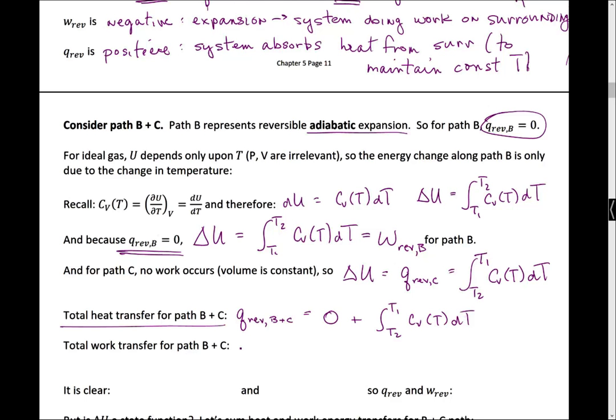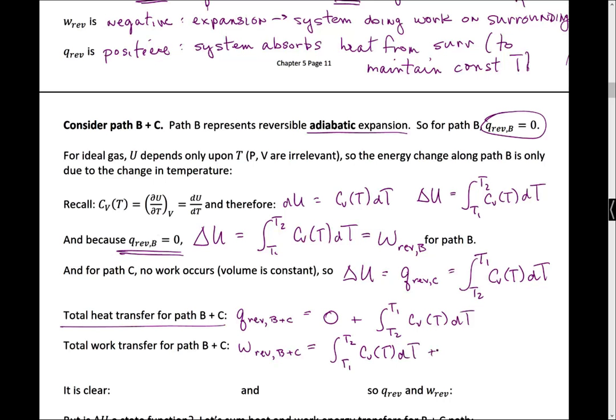We do the same thing, but now looking at work for path B plus C. For path B, the only energy transfer to our system is due to work, right? And so that's the integral from T1 to T2 of Cv T dT.